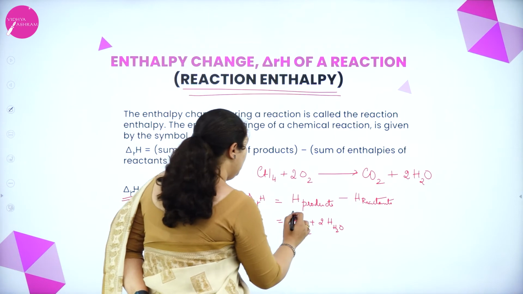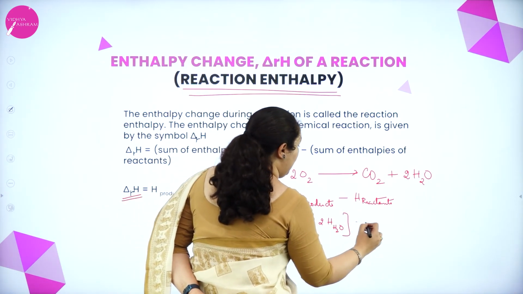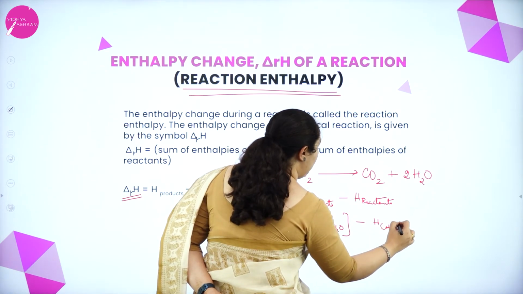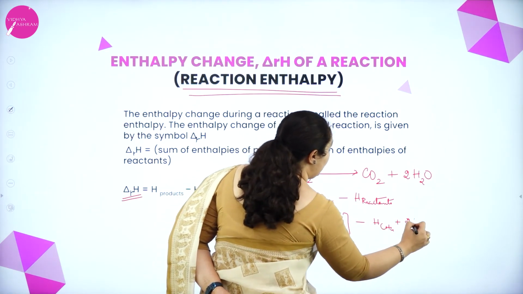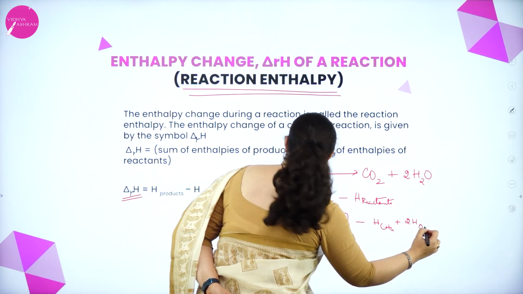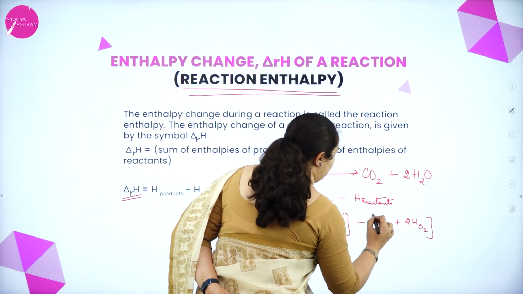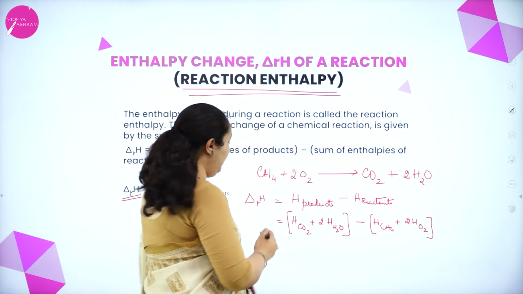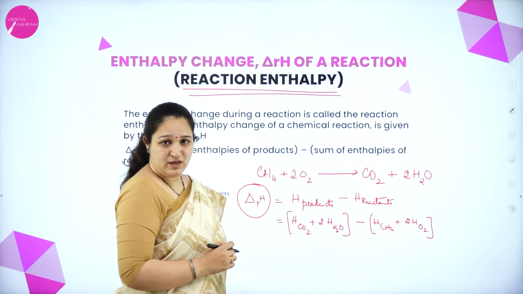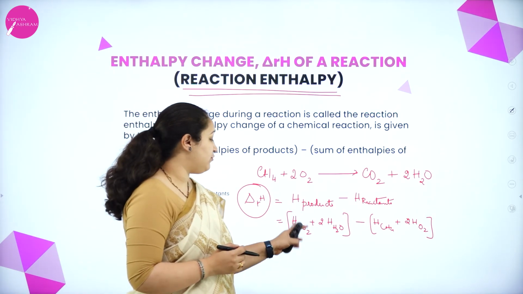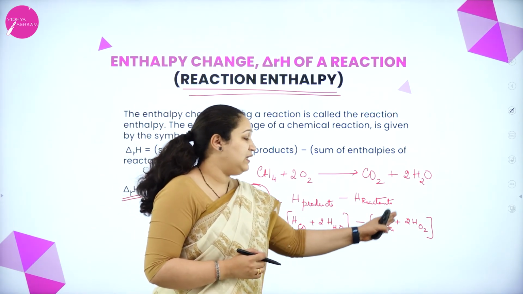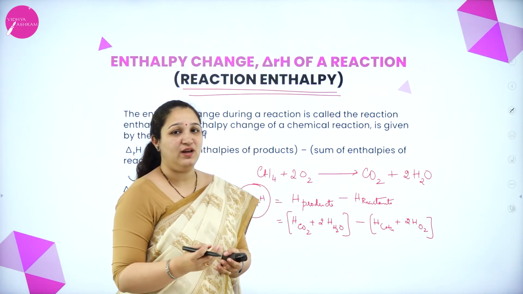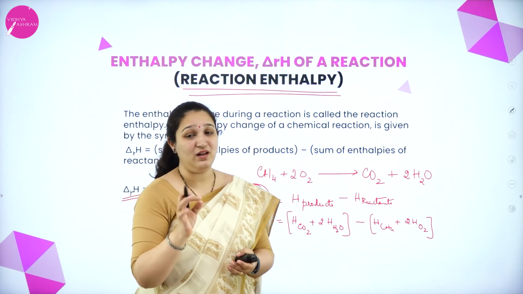So this is the products, minus what are the reactants? It is the enthalpy of methane plus 2 into enthalpy of oxygen. So this is how you calculate the enthalpy of the reaction. So you have to know the enthalpies of each: carbon dioxide, water, methane, oxygen. If you know the enthalpies, we can calculate the change in enthalpy of a chemical reaction.